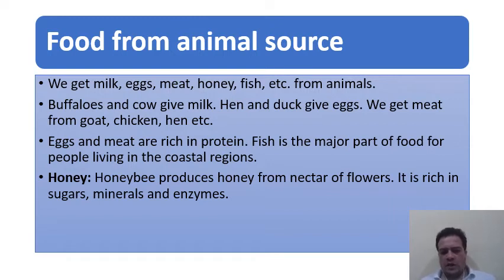Honey is also one of the sources of food. You know that it has a very effective role in medicines, or we can say in Ayurvedic treatment, isn't it? The honeybee produces honey from the nectar of flowers, and it is rich in sugar, minerals, and enzymes.